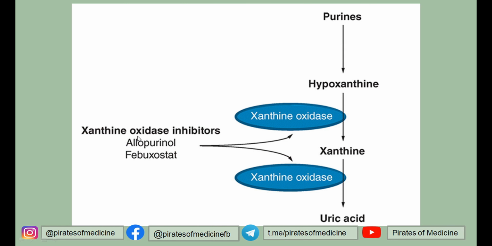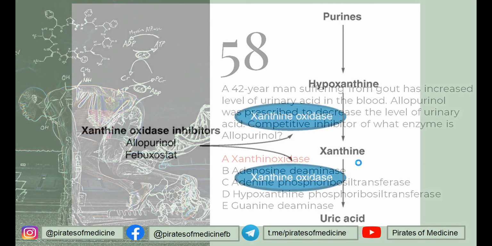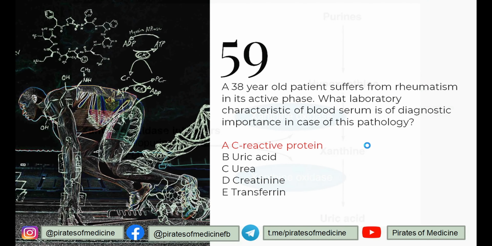So it competitively inhibits xanthine oxidase and it obviously stops the reaction over here. Xanthine and uric acid are not formed. So the amount of purine will be increased in the body. So it is used for treatment of gout and uric acid levels will be decreased because of allopurinol. So this is why it is used for treatment of gout. Understood? Let's go to the next one.